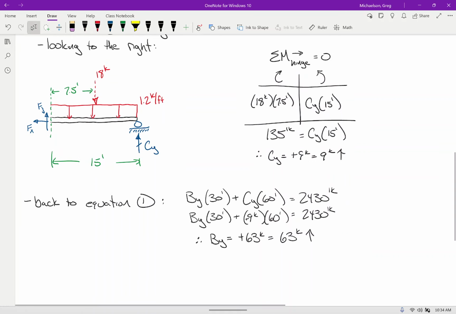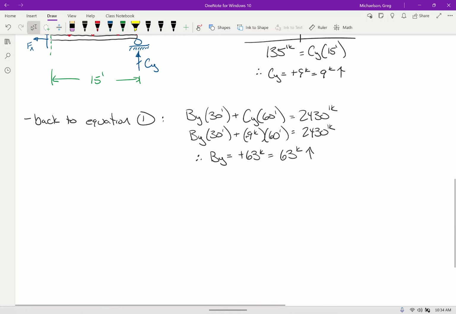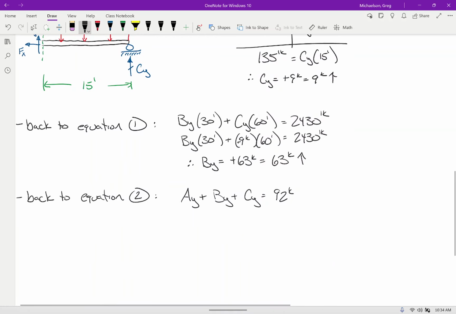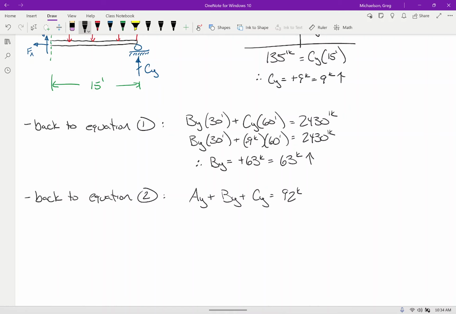So now what do I do? Okay, put those into equation 2. There we go. So now we have equation 2. Let's go. So it really kind of is.